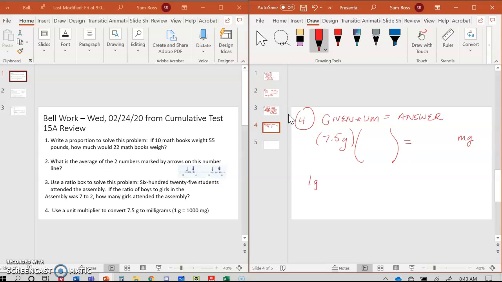So I'm either going to use 1 gram over 1,000 milligrams or 1,000 milligrams over 1 gram, because these are equal to one another. I want milligrams, so I'm going to put that in the top. My grams are going to cancel. I get 7.5 times 1,000. I get 7,500 milligrams. All right, let me know if you have any questions.